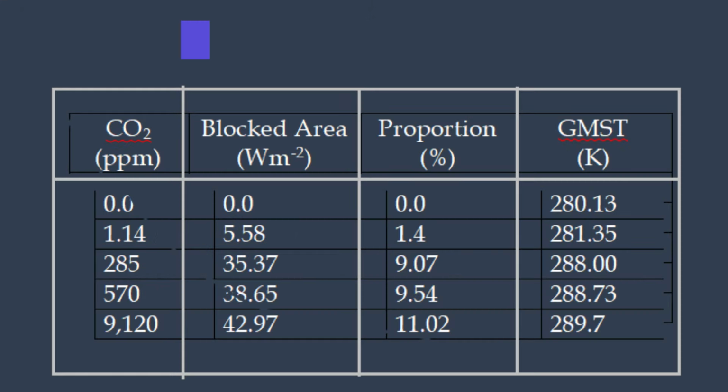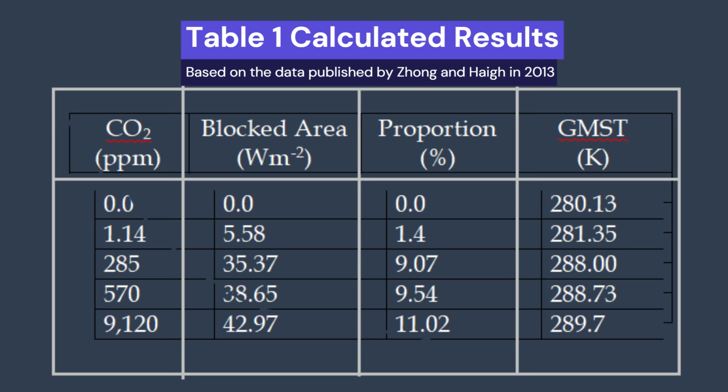Both warming and cooling are predicted based on my climate sensitivity, 0.7 Kelvin. As you can see, the global mean surface temperature, or GMST, increases from 280.13 Kelvin as the CO2 concentration goes from 0 to 9,120 ppm.